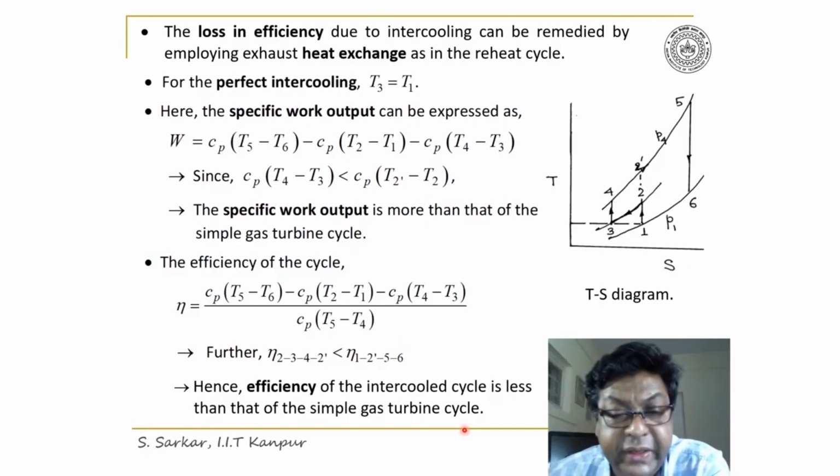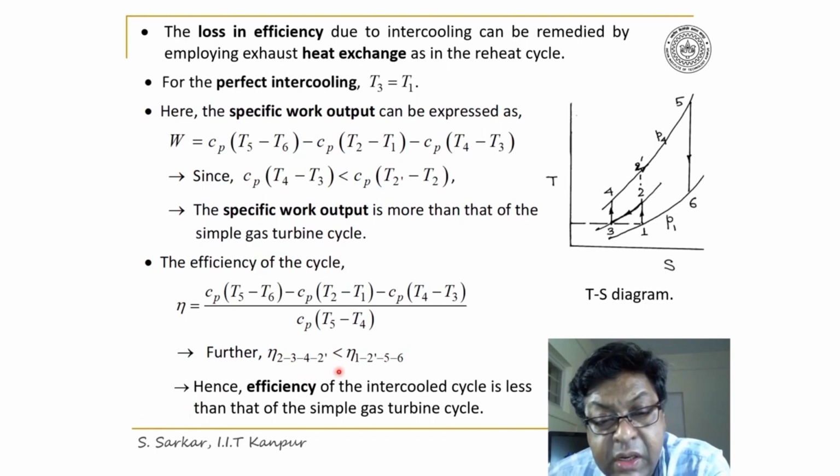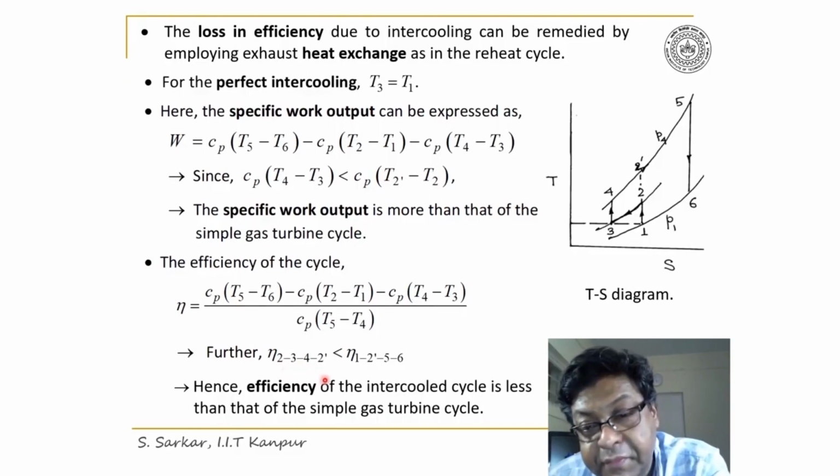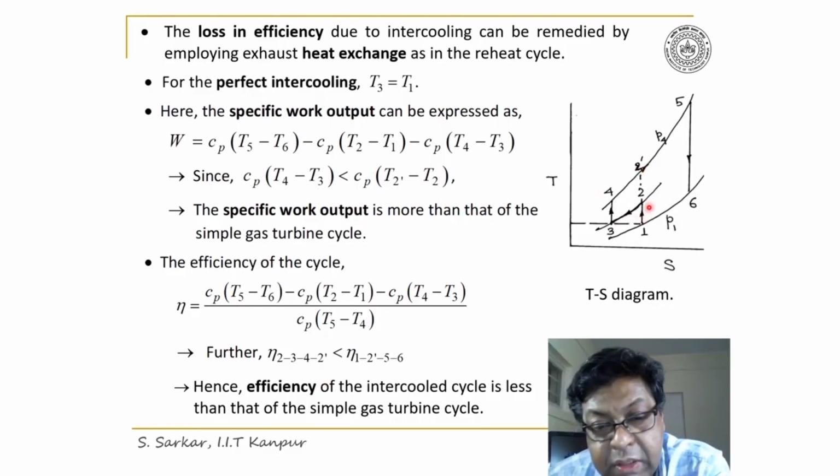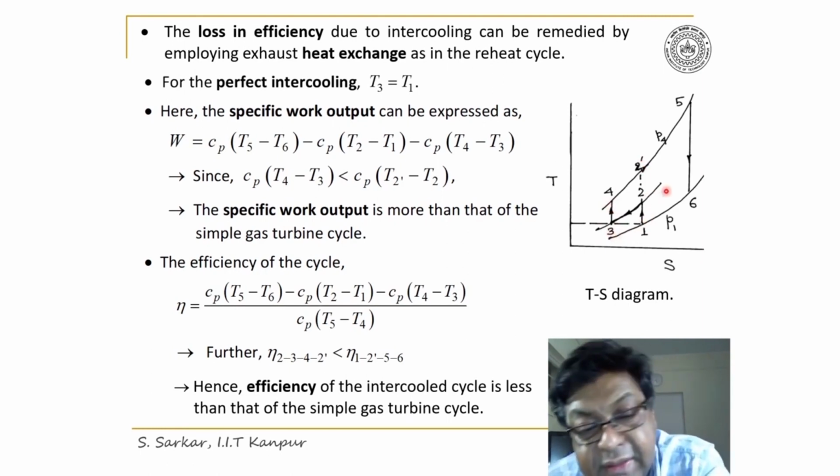Now one can appreciate that the efficiency of the cycle 2, 3, 4, 2 dash, that means this is the smaller one, that is 3, 4, 2 dash and 2, these cycles.